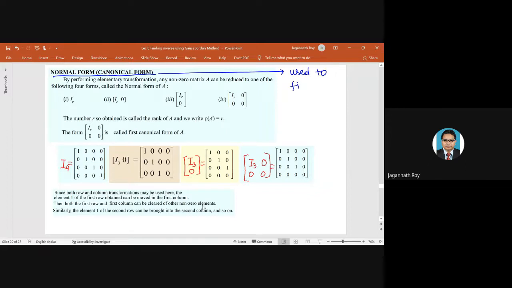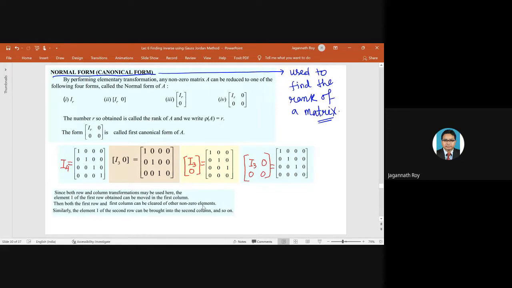to find the rank of a matrix. If you want to find out the normal form, it is one of the four cases.